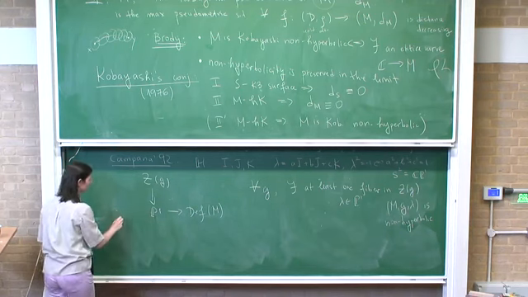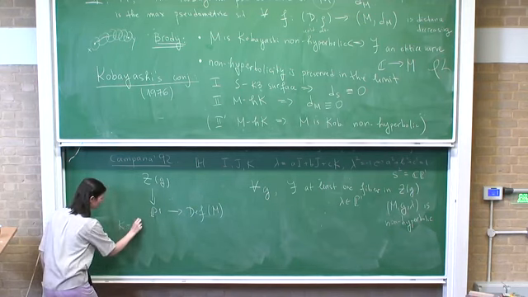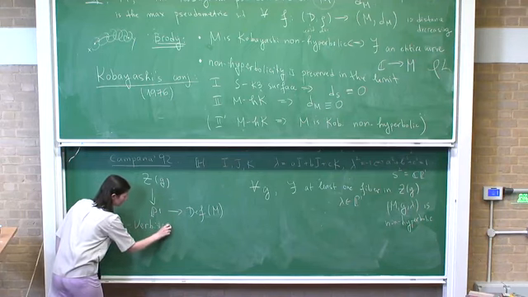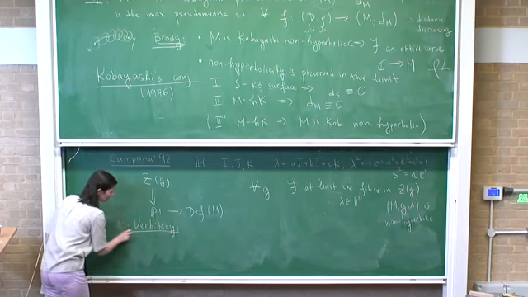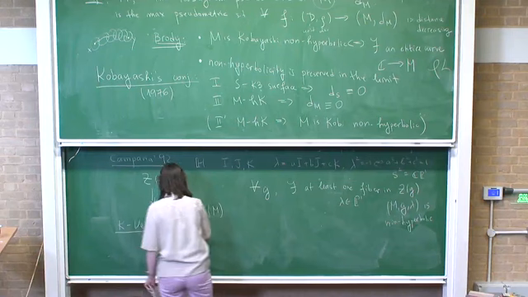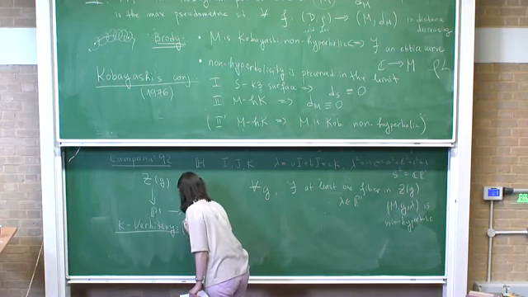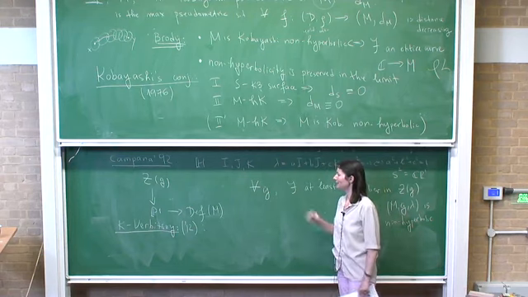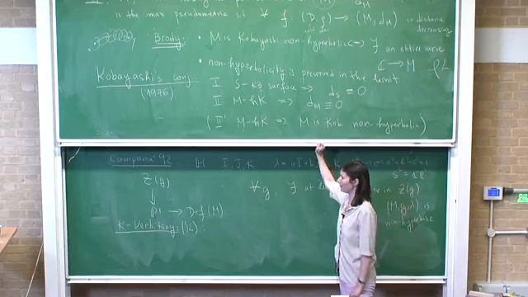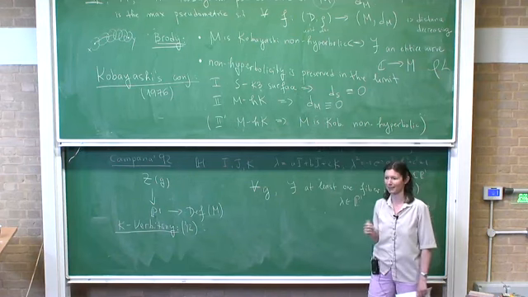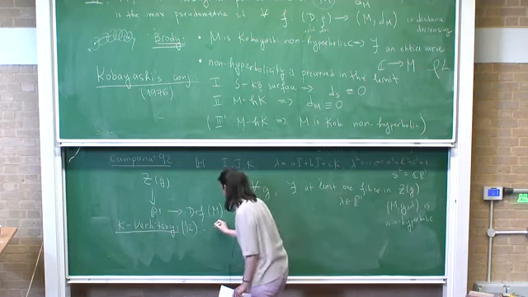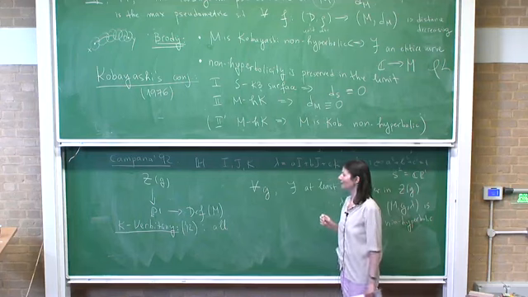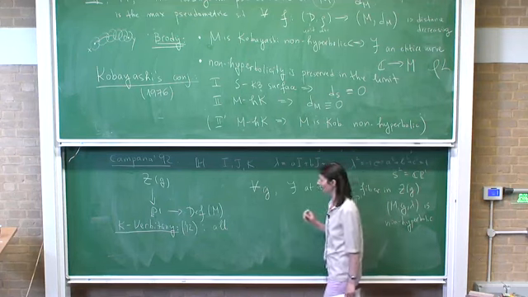Then in 2012, together with Verbitsky, we used the density of Lagrangian fibrations inside of the moduli space of hyperkähler manifolds to prove that all known hyperkähler examples are Kobayashi non-hyperbolic.